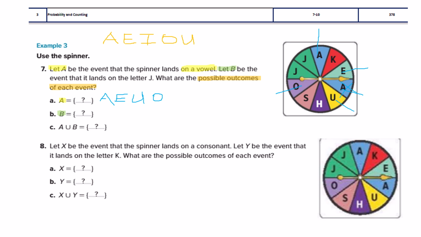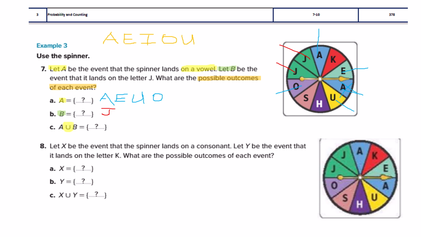The second one is let B be the event that it lands on the letter J. So you can see here very clearly that we have two letter J's. So we only take one letter J. And then this letter here, should I say not letter, it is the symbol, it's the mathematics symbol for union, right?